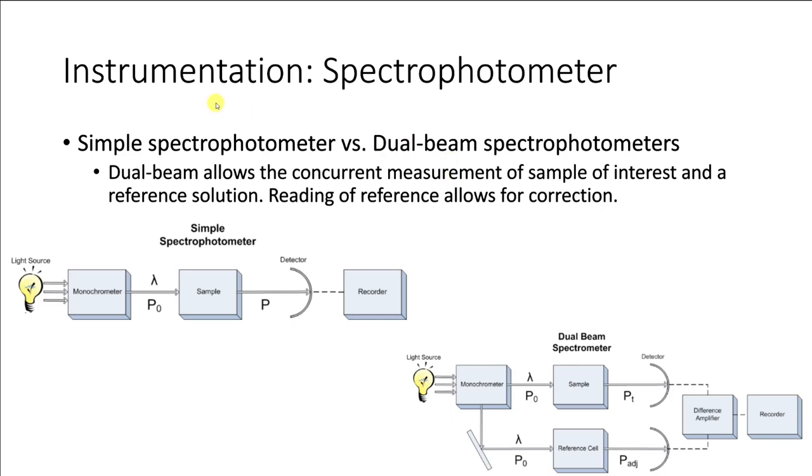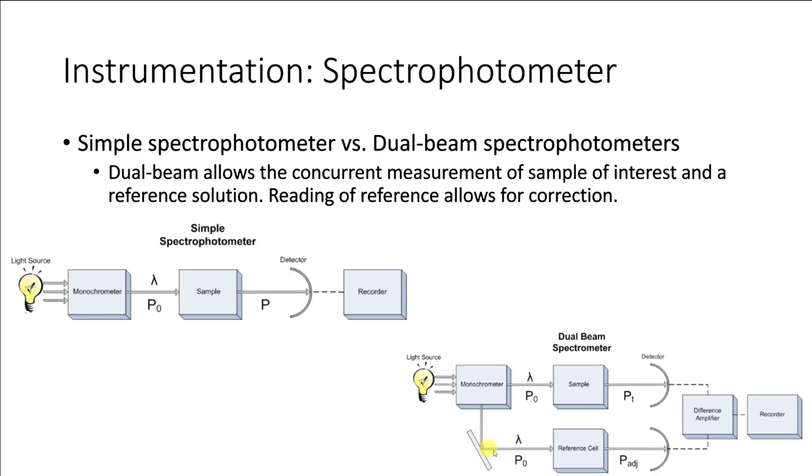So, if we want to get a little fancy with it, we can either have simple or dual beam spectrophotometers. Simple just means we have one path into the detector, but we don't really have a reference to go off of. Like, how do you know if the light around you is being affected by other factors, or how do you know that the filter is working, or if it's dirty, or anything like that?